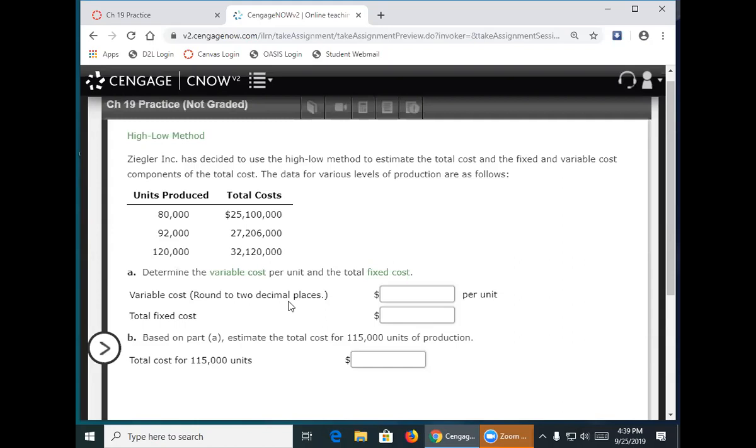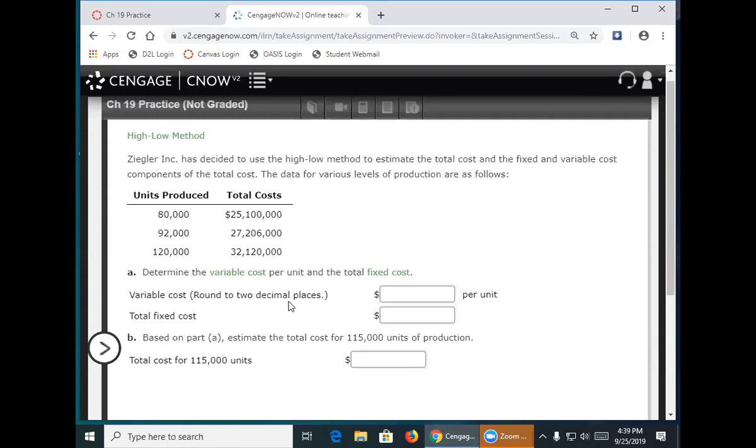I'm going to divide that by the change in units: the units at my highest level, 120,000, minus the units at my lowest, 80,000.